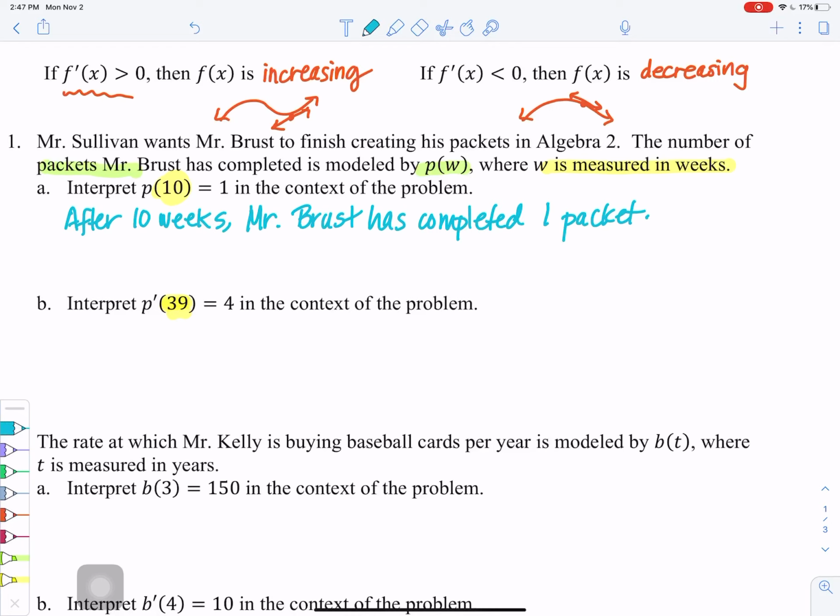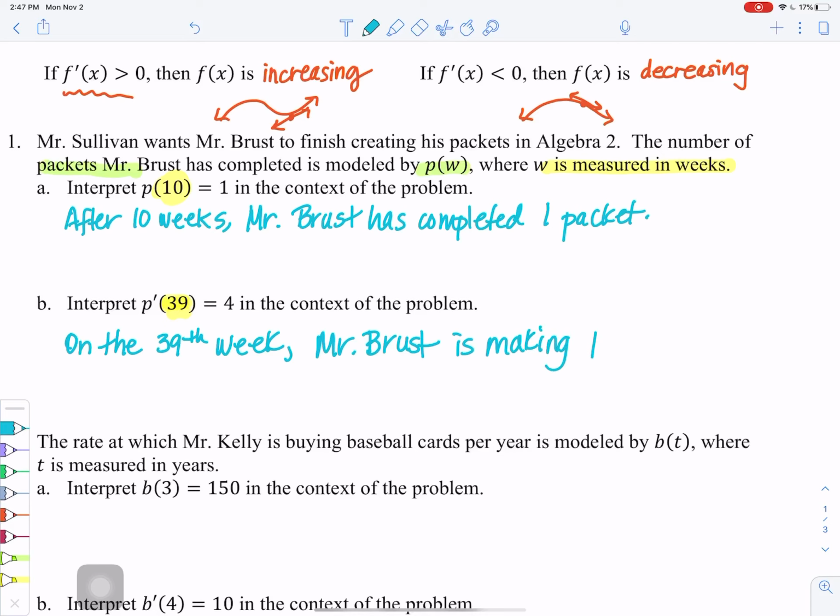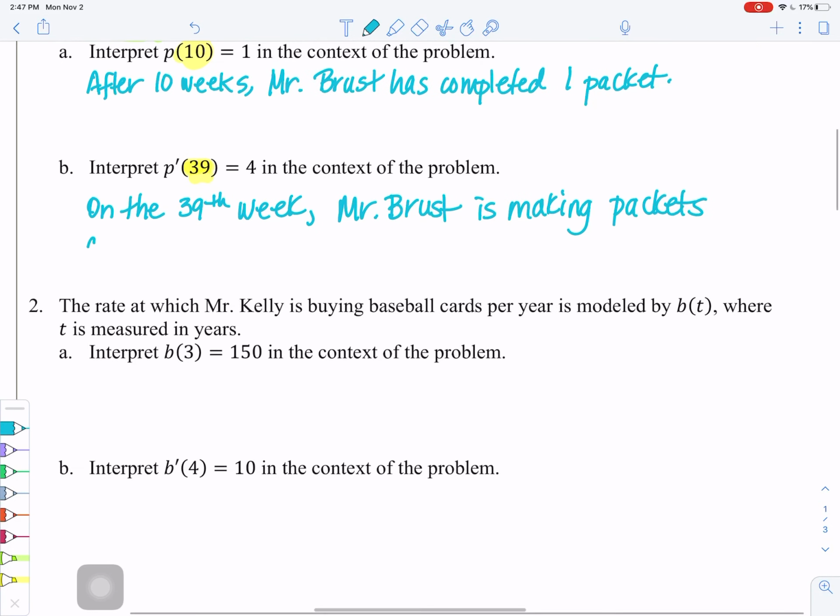So on the 39th week, or in week 39, Mr. Brust is making packets, here comes the rate, at a rate of 4 packets per week.